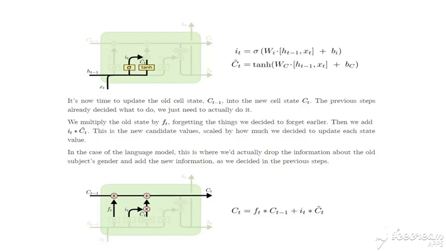Then these are also passed through sigmoidal as well as tanh, and their outputs are combined using a multiplicative point operator, and then given to an addition operator which combines the output from the previous sigmoidal layer, which performed a multiplicative operation with the CT minus 1, and this is grouped with the plus operator to give CT.